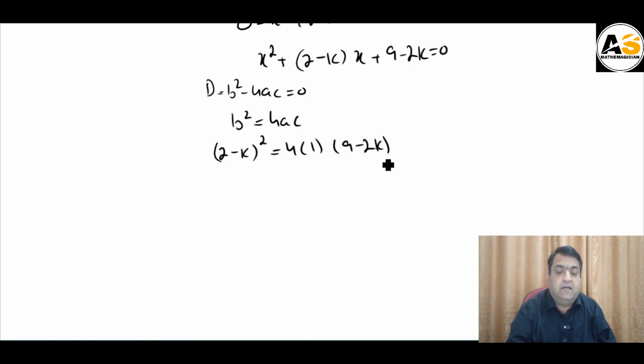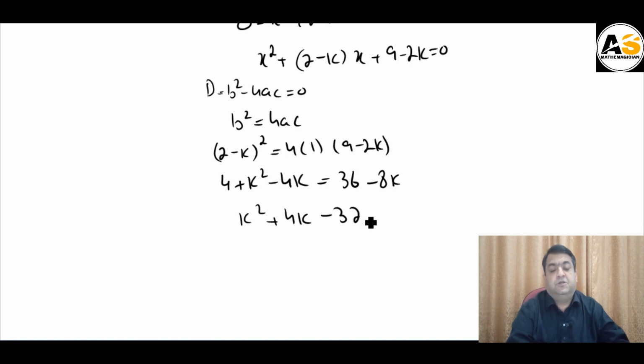So what will I get? 4 plus k square minus 4k is equal to 36 minus 8k. K square plus 4k minus 32 is equal to 0. So we have to solve this equation to find the values of k.